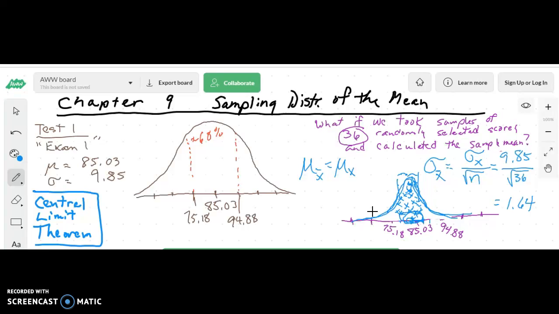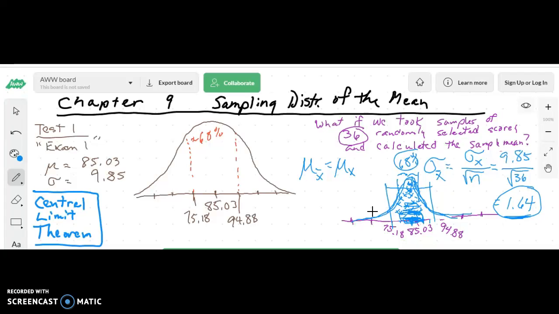And that tells me that if I take a random sample of 36 points out of this population and find the mean of those 36 points, 68% of the time I can expect it to be within 1.64 of the original population mean. Much tighter group. And I can carry that one step further: I can expect it to be within 2 of these increments, about 3.2, 95% of the time, which is much tighter than the original spread.